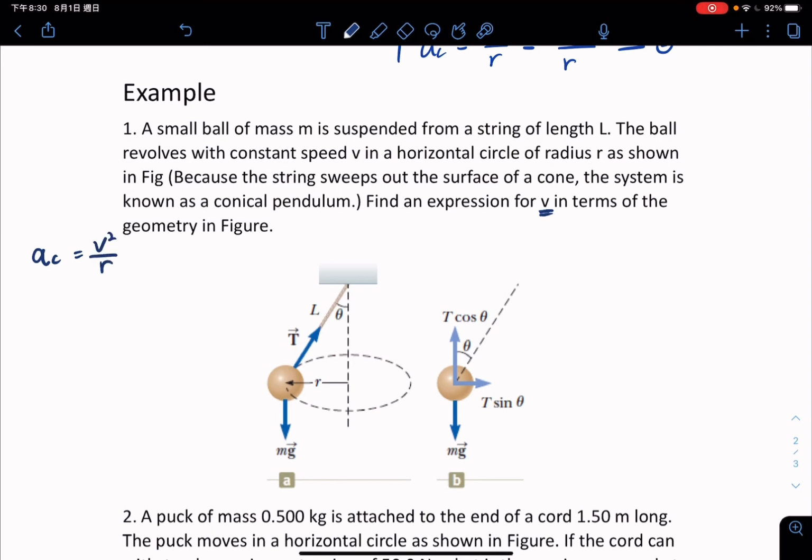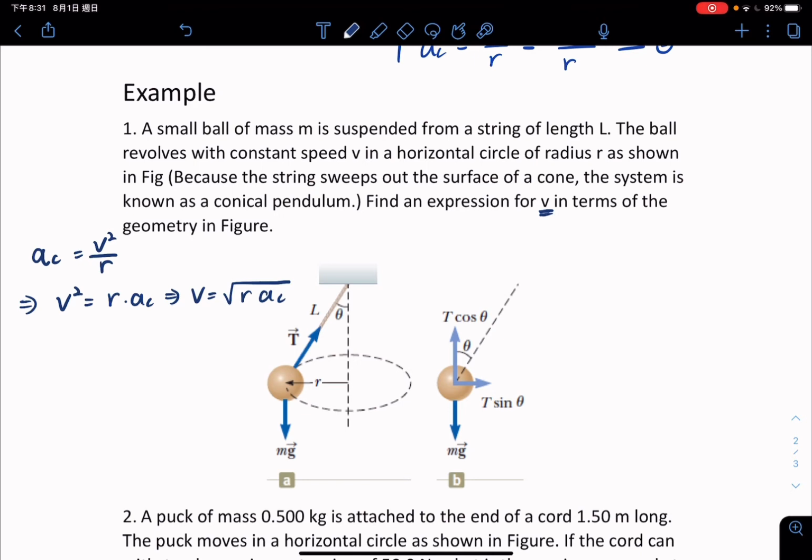Then we just need to get the value of the centripetal acceleration, because v squared is equal to r times centripetal acceleration, and then v is equal to the square root of r times centripetal acceleration.